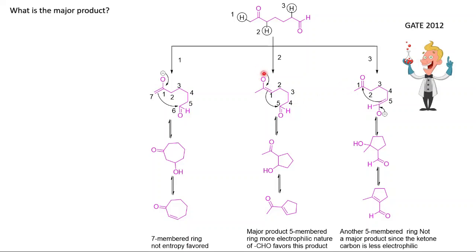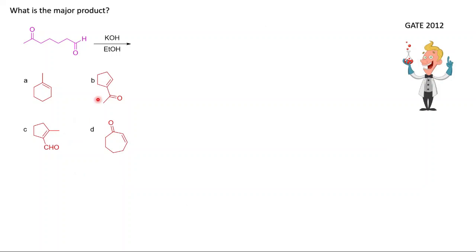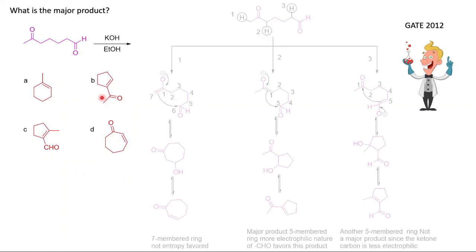So attack favors this direction, not that direction, because the ketone is less electrophilic than the aldehyde. So attack will take place at the aldehyde, not the ketone. So this option is also not correct, and the favored reaction is this, and the desired product will be this. So option B will be correct. I think that will be option B, right? Option B will be correct.